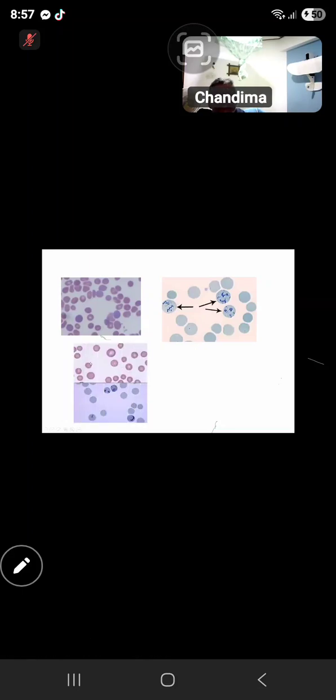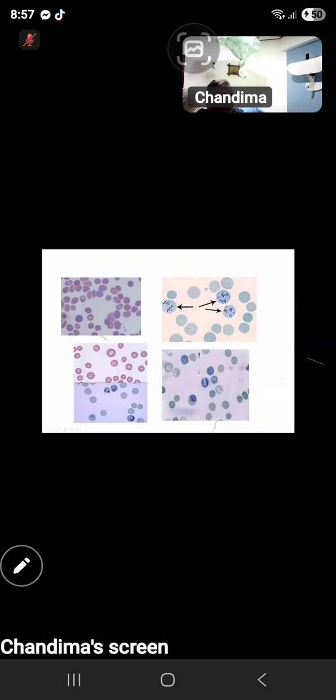The same blood picture stained with new methylene blue, and the same patient sample stained with Leishman stain. Here a somewhat higher number of reticulocytes is present. In counting, we have to count like this. The first one is also counted as a red cell: 1, 2, 3, likewise. You have to count the red cells.